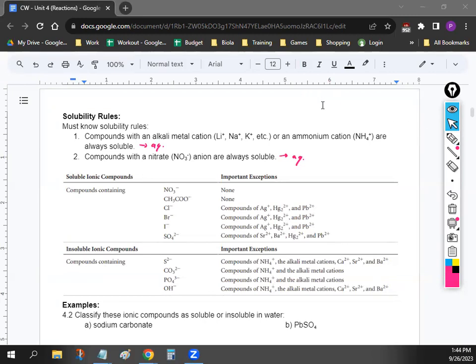No matter what, compounds with a cation from the first column or ammonium will be soluble, and if the anion is nitrate, it will always be soluble. So again, you have to memorize that for the exam, not just for this class, but also for the AP tests.